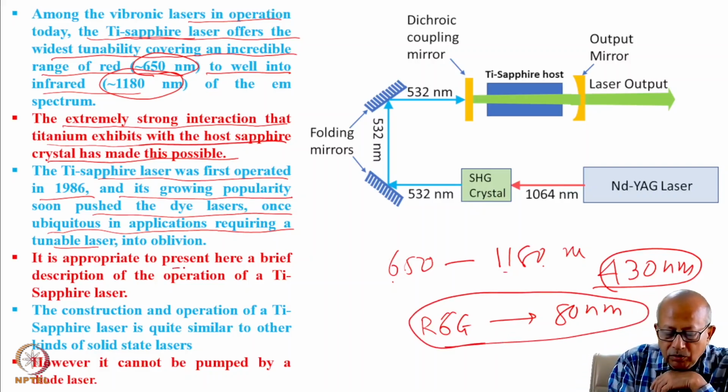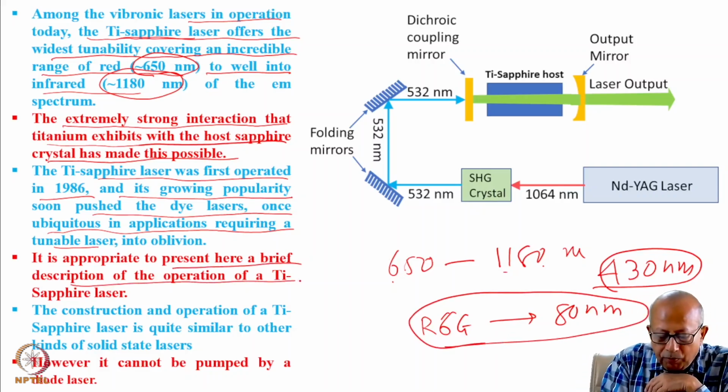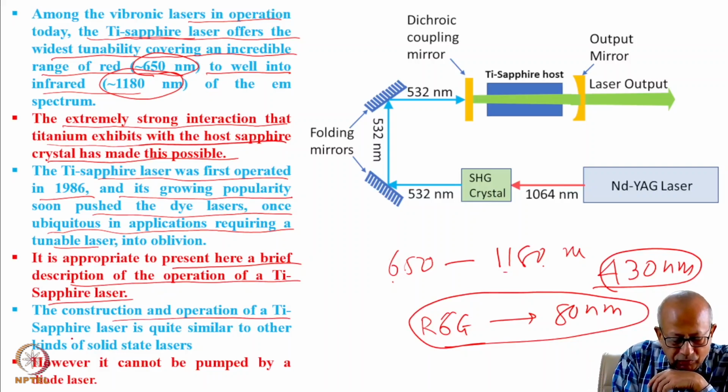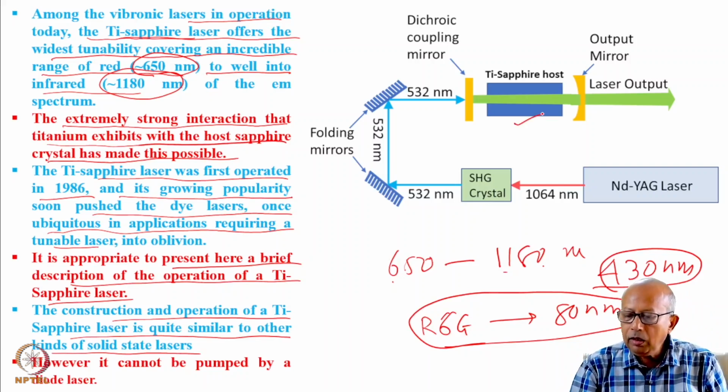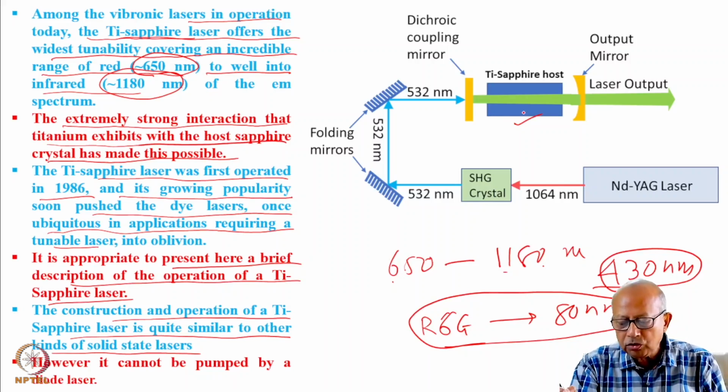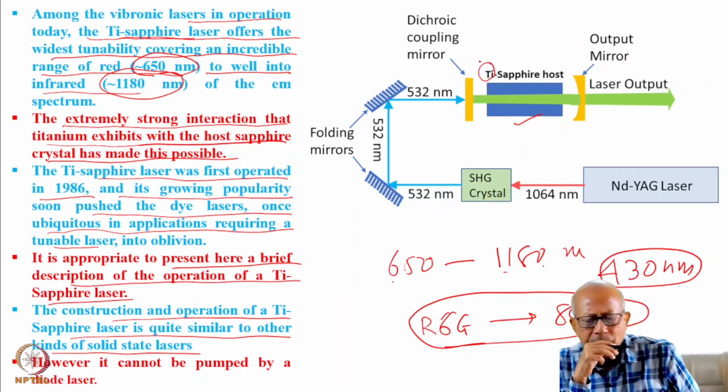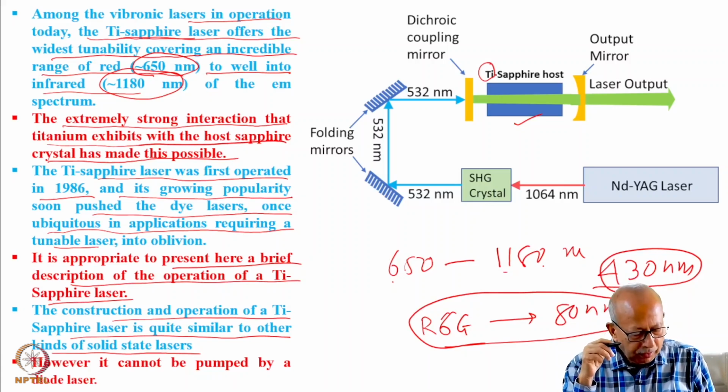Now it is appropriate to present here a brief description of the operation of the titanium sapphire laser. The construction and operation of the titanium sapphire laser is quite similar to other kinds of solid state lasers. This is the lasing rod, where sapphire is the host, into which titanium, the light emitting species, has been doped.